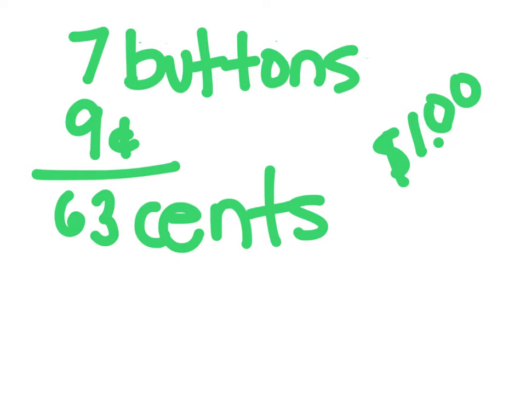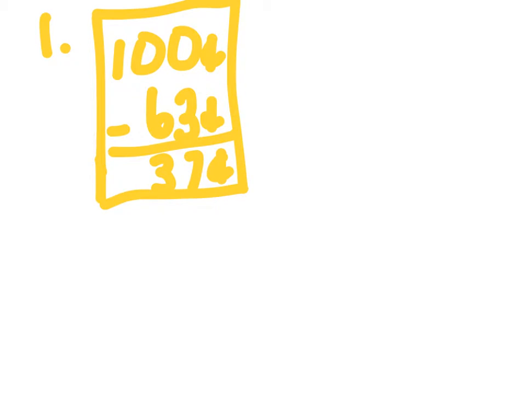Now, there are 3 ways to figure out how much change Fred should get back. Okay? Way number 1 is he writes out the dollar as on here. I just wrote it as 100. I didn't use the decimal point. Minus 63 cents equals 37 cents. So he used a pen and a piece of paper, and he could figure out how much change he should get back.